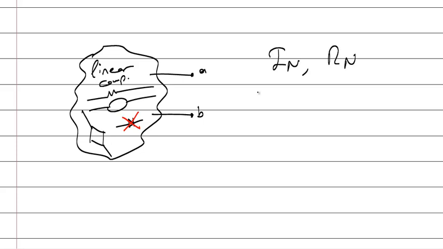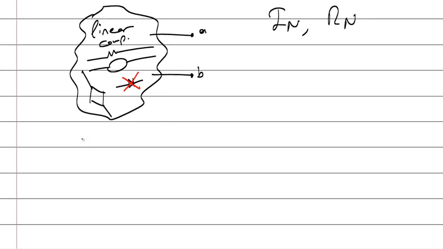To calculate I Norton, what you do is this: you connect these 2 points with a cable, and then you calculate the current, or if you have a real circuit, you measure the current. That current is I Norton. That's it.